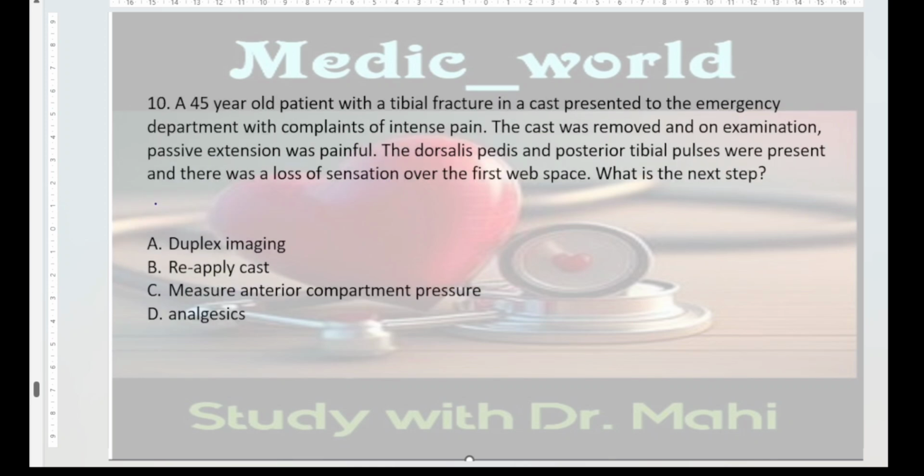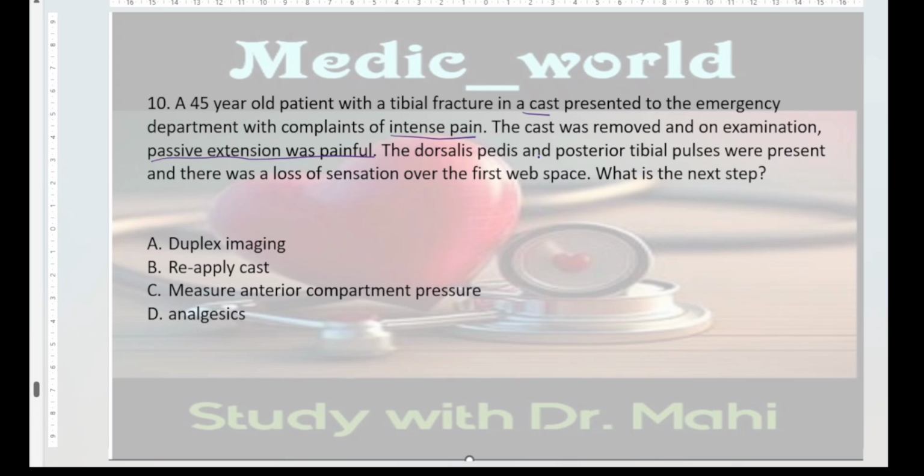Now the next question is a 45-year-old patient with a tibial fracture in a cast presented to the emergency department with complaints of intense pain. The cast was removed and on examination, passive extension was painful.